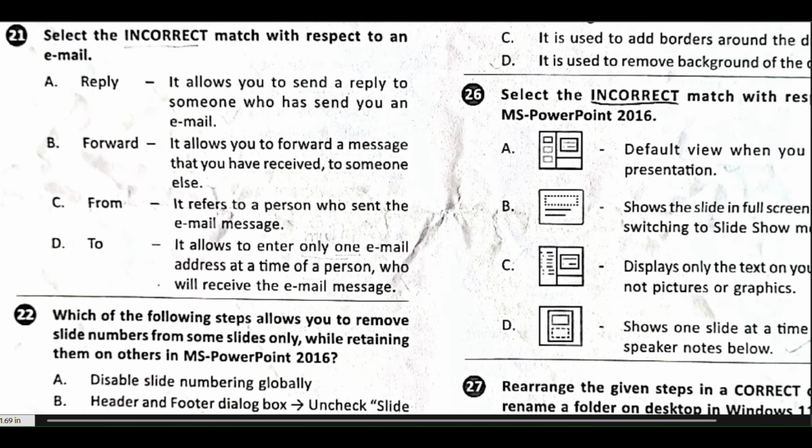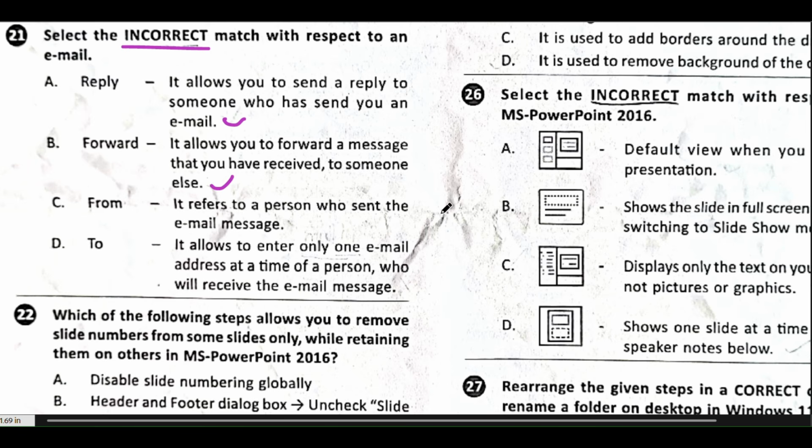Question number 21. Select the incorrect match with respect to an email. A. Reply. It allows you to send a reply to someone who has sent you an email. That is correct. B. Forward. It allows you to forward a message that you have received to someone else. That is also correct. Option C. From.